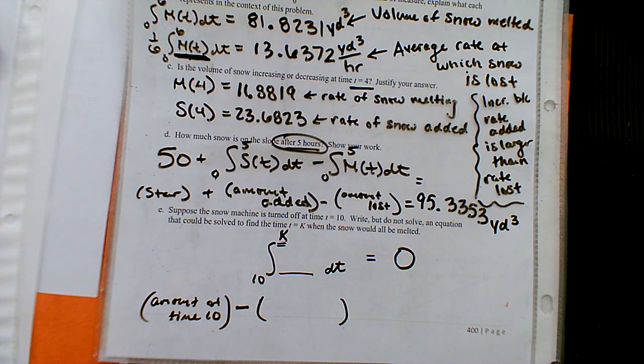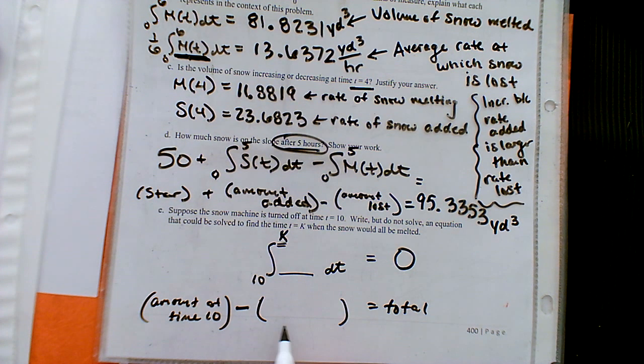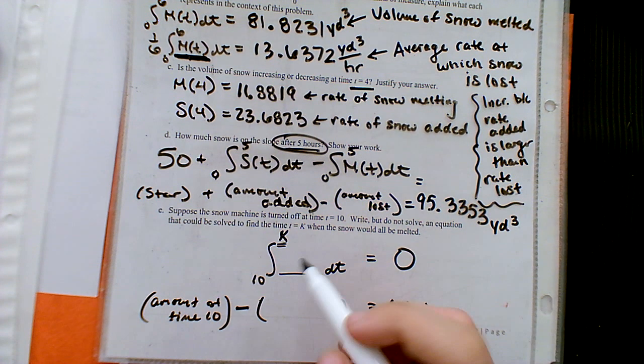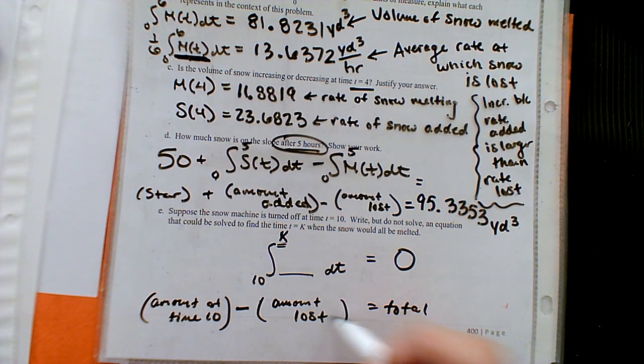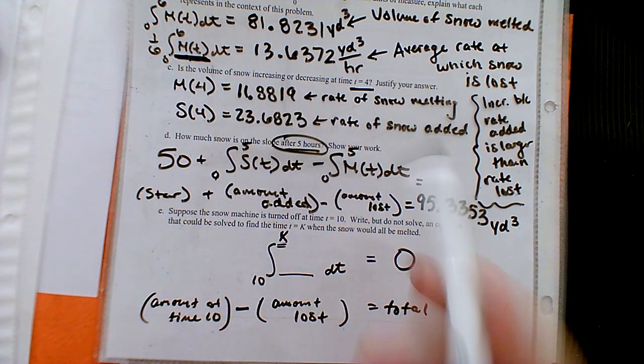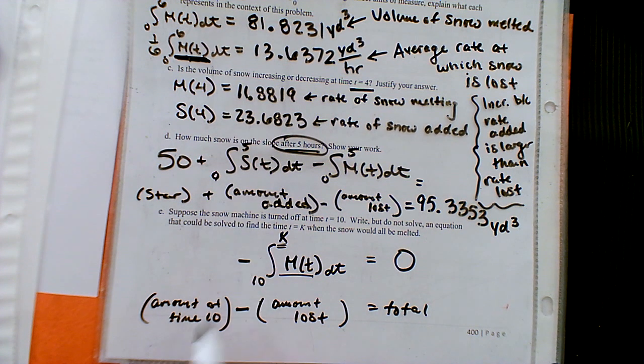What is this integral going to tell us? If we want our total to be 0, how much we have minus how much we lose should give us a total of 0. So amount lost. Which function are we going to use for the lost? M of t.